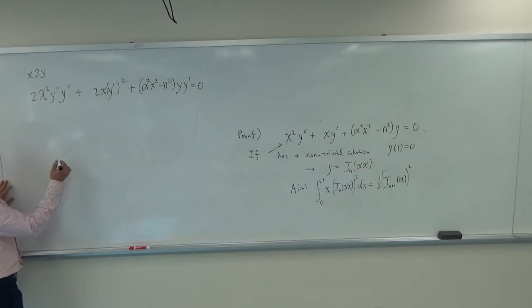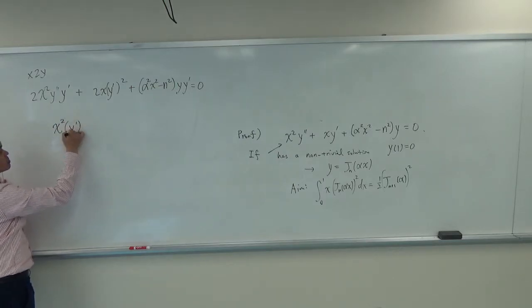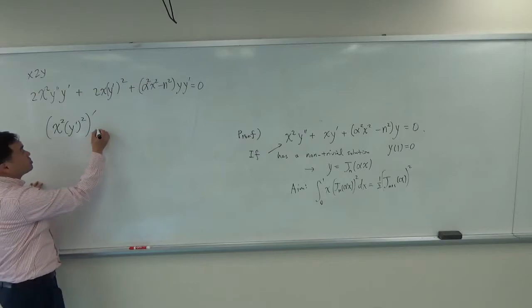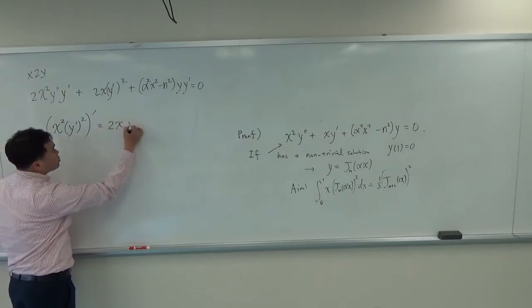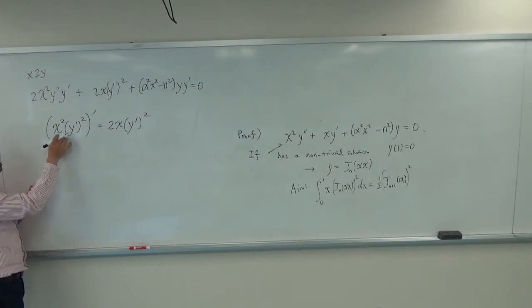Okay, so let's think about this. If I have x squared y prime squared, prime, what would I get? This would be 2x times y prime squared, just by the product rule. First, this gets differentiated, right?